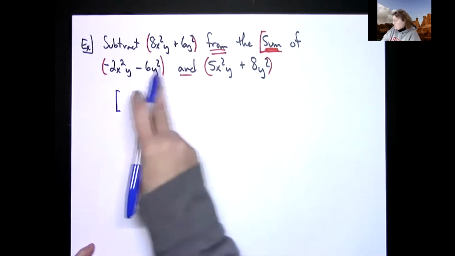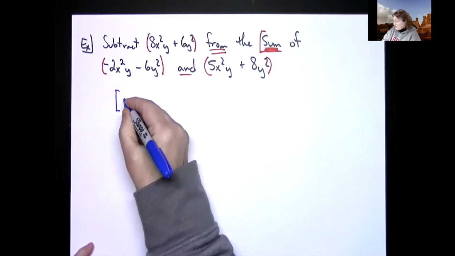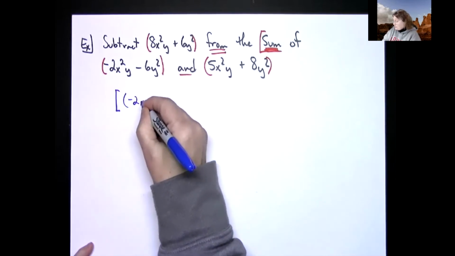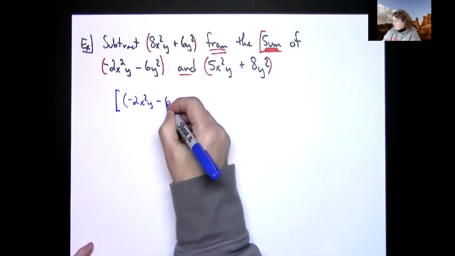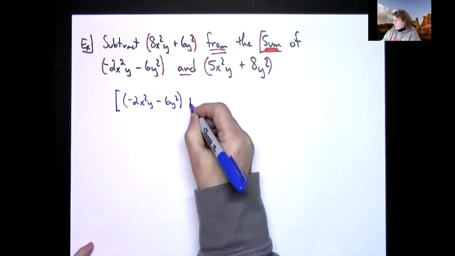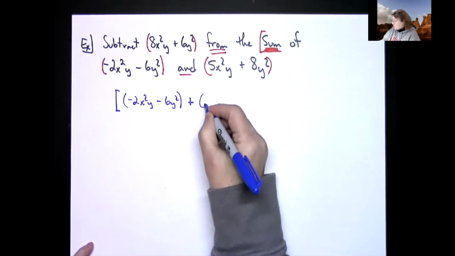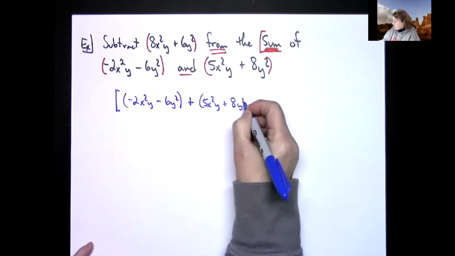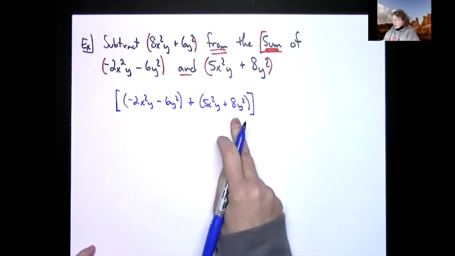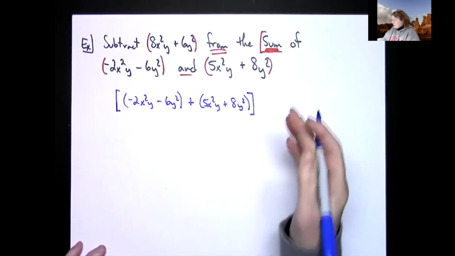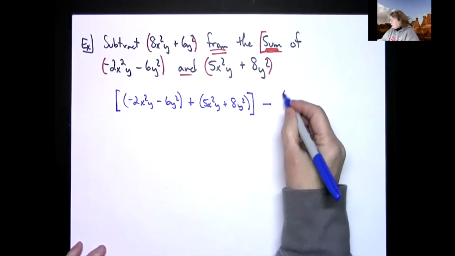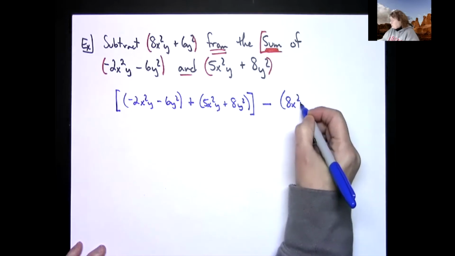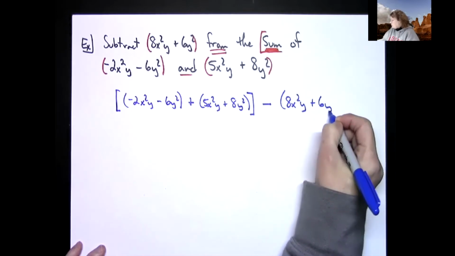So if I've got to add these two polynomials, I'll have a negative 2x squared y minus the 6y squared. I'm going to add to that the second polynomial, 5x squared y plus the 8y squared. I need to add this first, and then I'm going to subtract the 8x squared y plus the 6y squared.